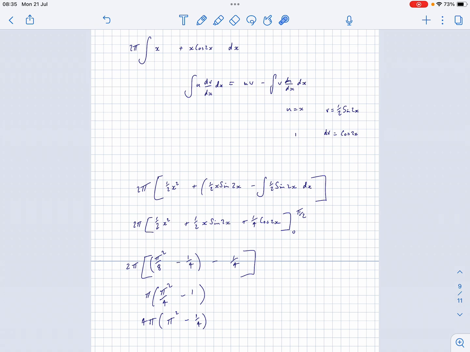Okay. Each of these I've just had to do using reversing the chain rule. So I know that cosine integrates to sine, so I've got sine 2x. But if I just wrote down sine 2x, when I differentiate it, I get this extra 2 come out the front from being the inside function, and I need to cancel it out by using a half.